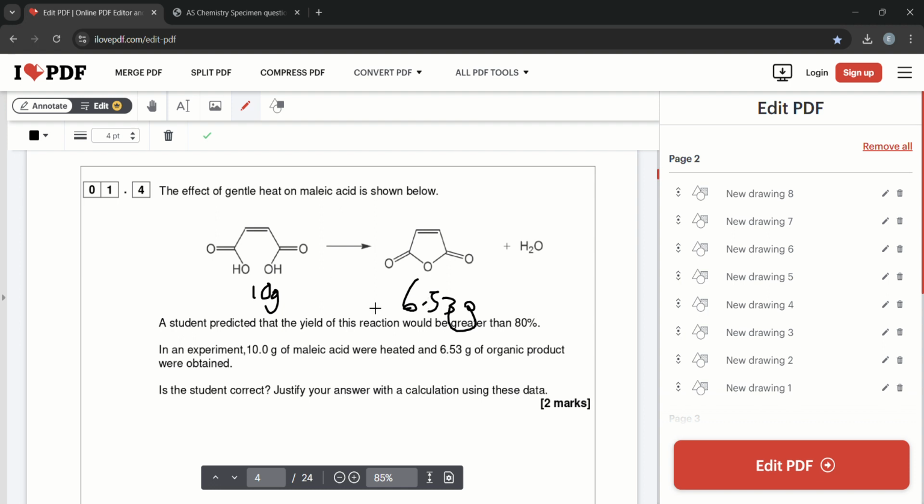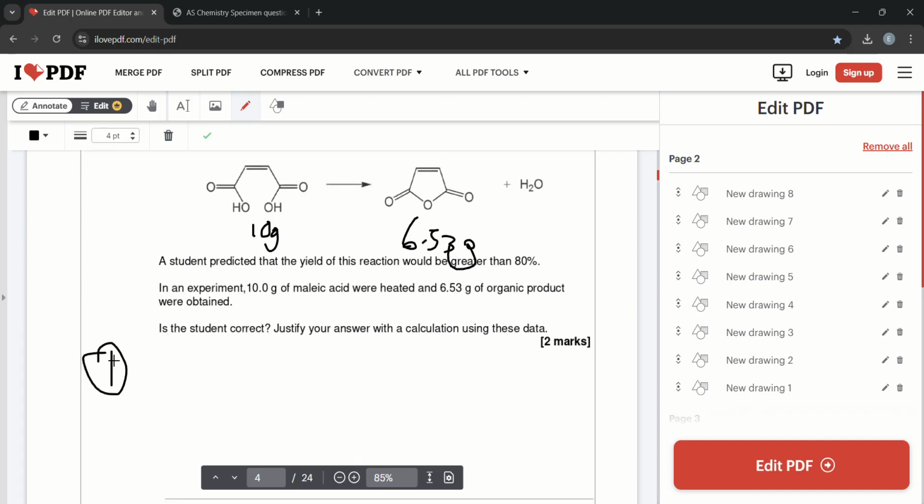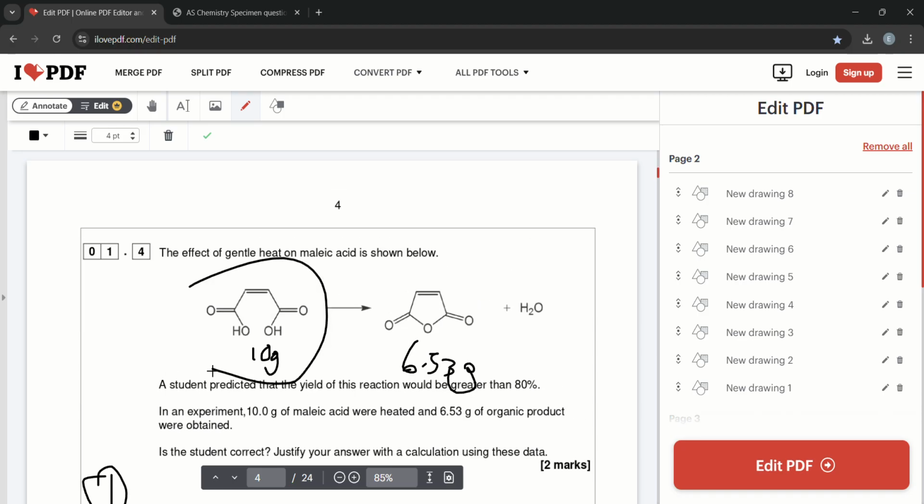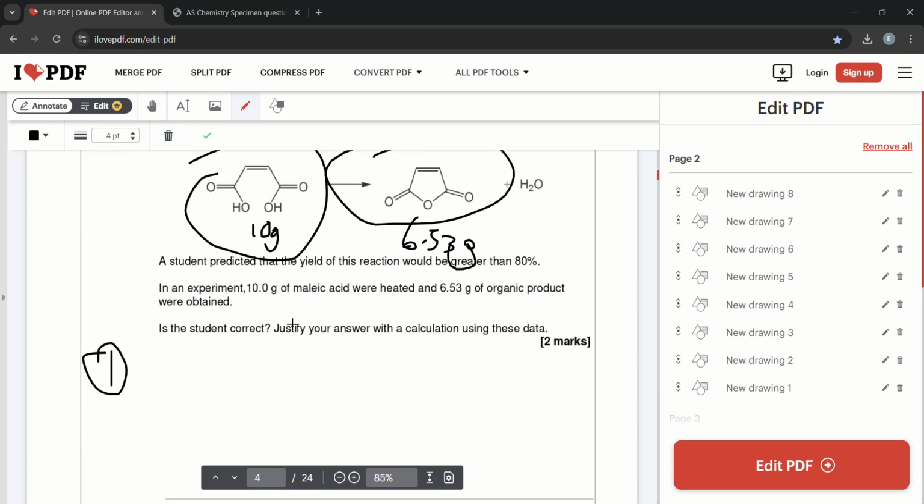So we're not going to do 6.53 divided by 10 times 100, no. What you first need to do is find out the moles of this. Then we can find out the theoretical yield, and then we can find out the actual yield, percentage yield.